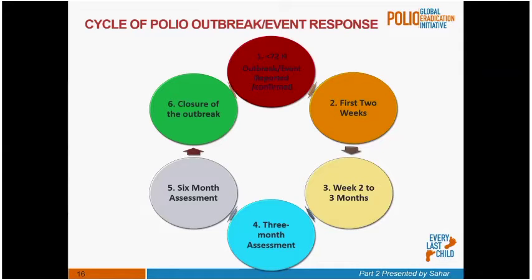The third key point is between 2 weeks and 3 months. This is when we would have implemented most of the campaigns, and we would have had the remainder of the campaigns being planned. Monitoring would already have been conducted for at least 2 or 3 campaigns, so we would know exactly what the specific bottlenecks or weaknesses are that should be addressed in that situation.